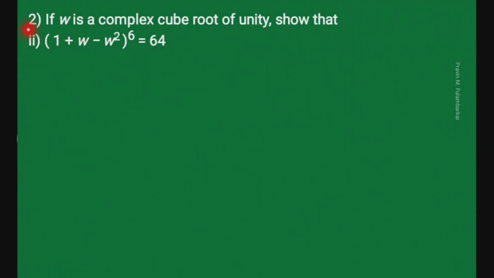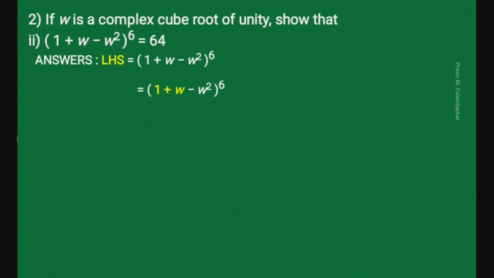Now see second sub question. 1 plus omega minus omega square raised to the power 6 equals to 64. So again we consider here LHS. So we first solve the inner bracket, that is 1 plus omega minus omega square here.